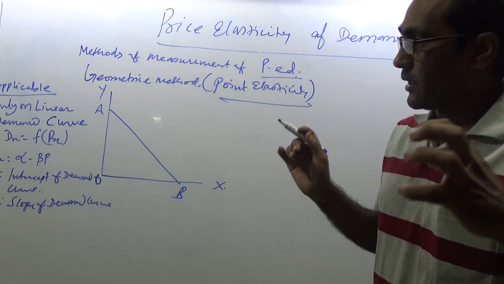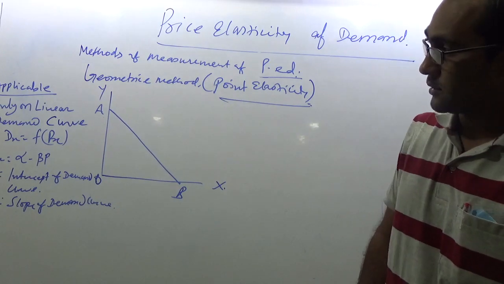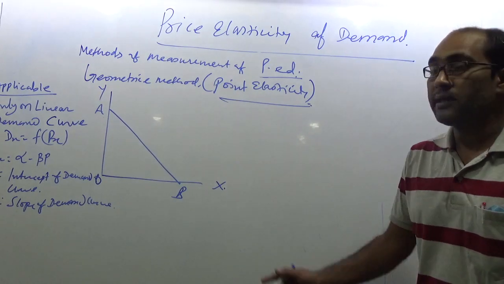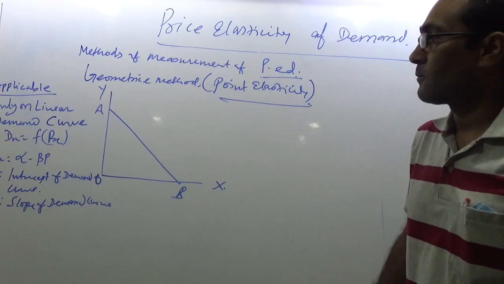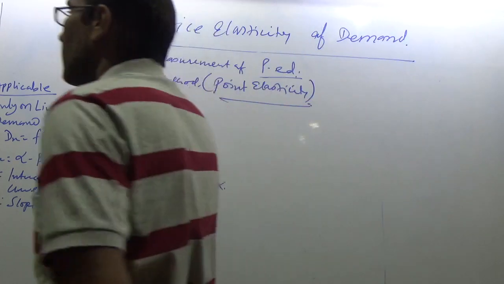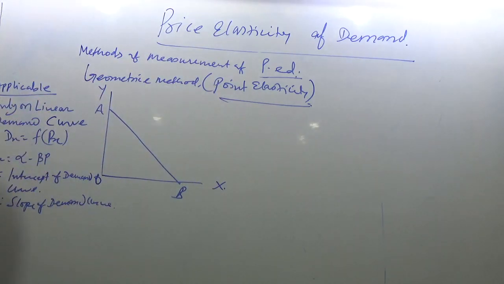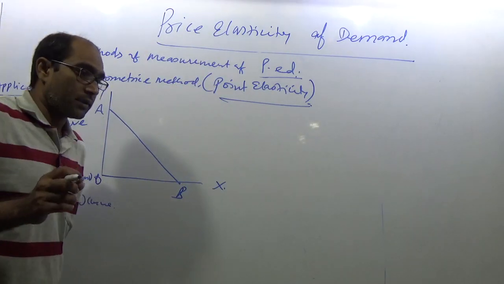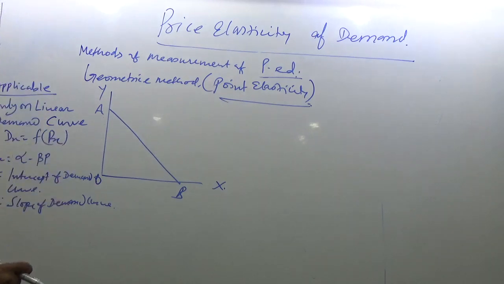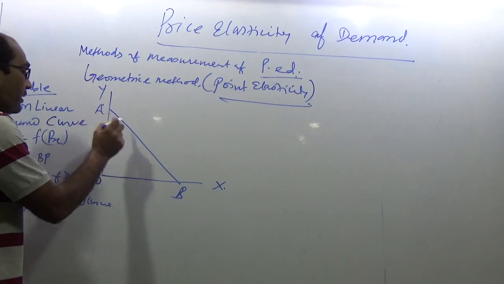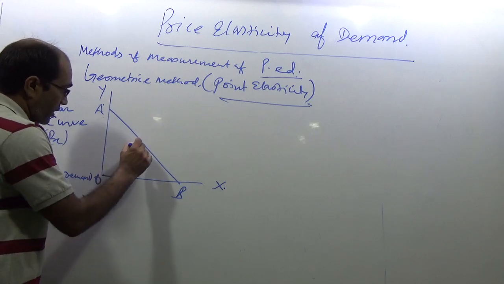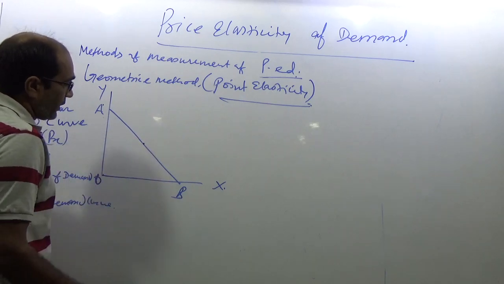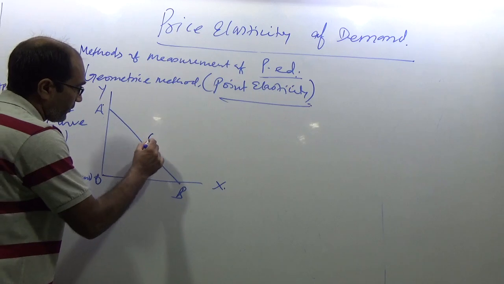So first, our assumption is it's a linear demand curve. For the linear demand curve, consider one more point in between A and B. Identify the middlemost point of A and B.